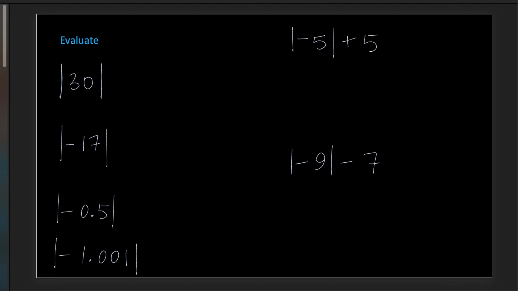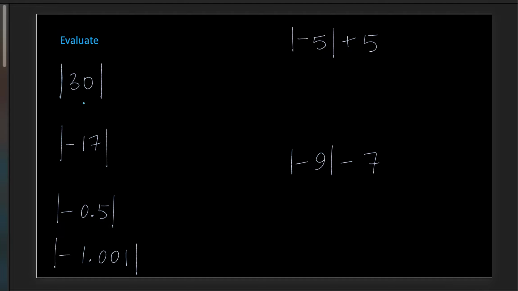So this week, one thing we'll be looking at is absolute value signs. So these are some problems that you'll see where we are to evaluate these. So these are absolute value signs. We have these symbols on our keyboard. We can type this symbol.